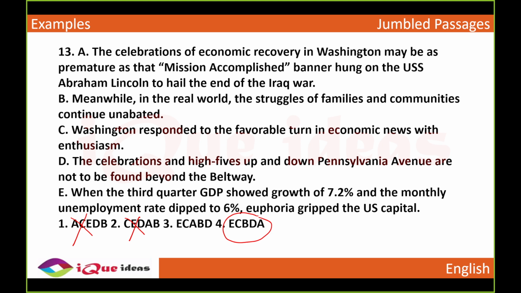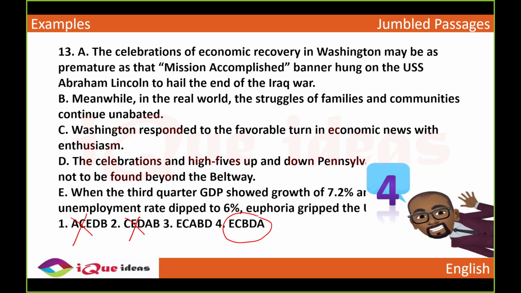But if you go with BDA, on one hand something is good but there is also a problem on the other hand, that's why this celebration is premature, because EC both favorable, BD specific instance of something bad, and overall summary given by A. So although ECABD may not be a bad option, ECBDA is slightly better, going with 4 as the answer.